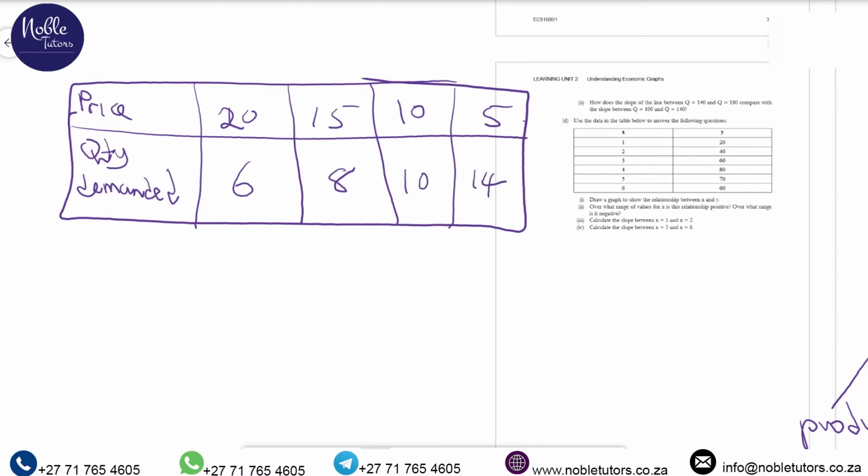The kind of relationship represented by this table, which I call a demand schedule, is the inverse relationship that exists between price and quantity demanded. Check, as price is decreasing from 20 to 5, quantity demanded is increasing from 6 to 14. So a demand schedule is only a table showing the inverse relationship that exists between price and quantity demanded.